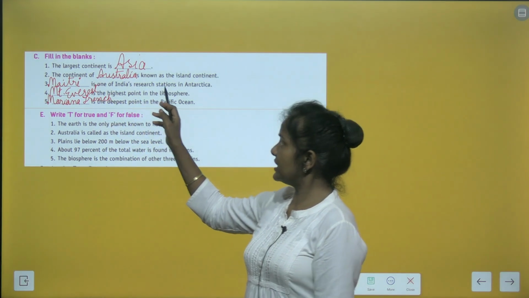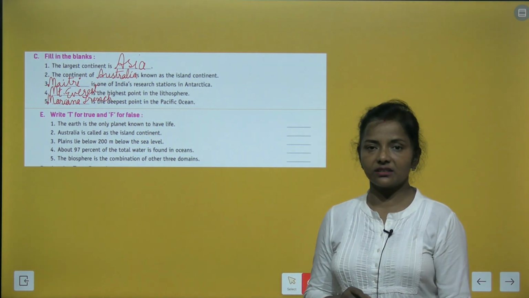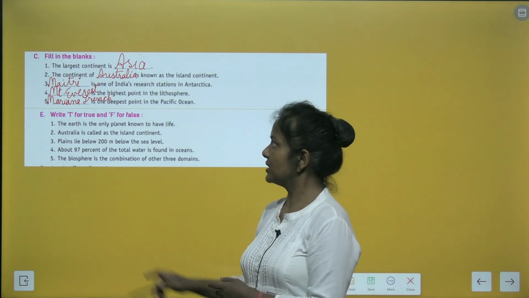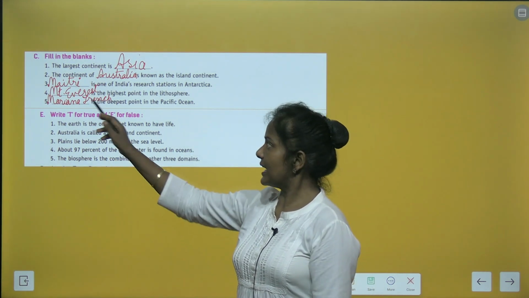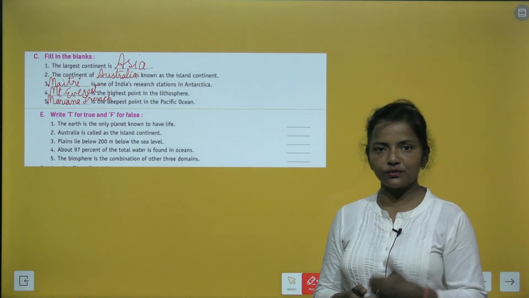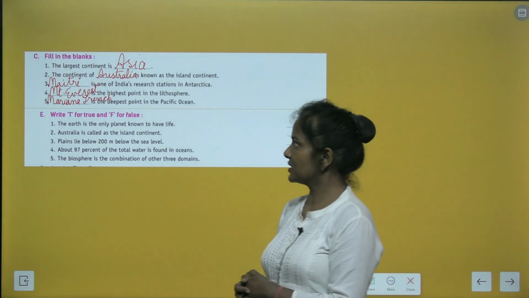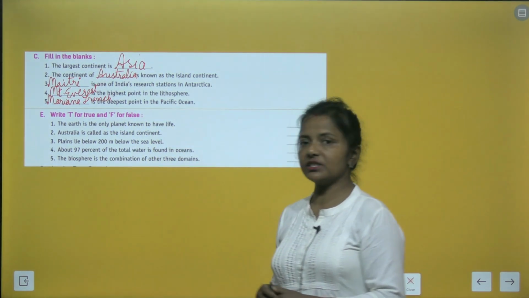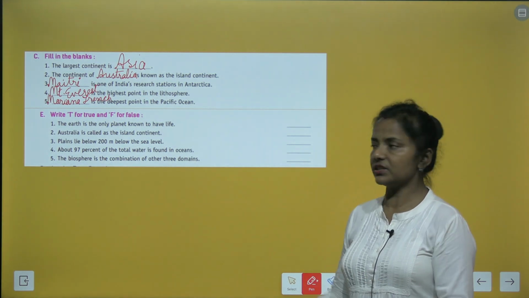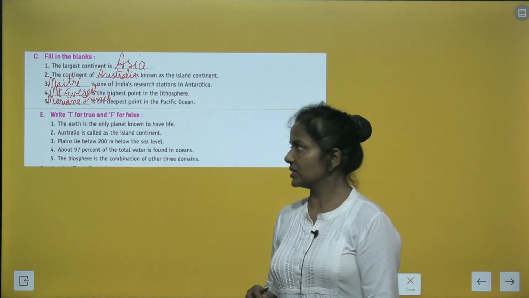Dash is one of India's research stations in Antarctica. Maitri is one of India's research stations in Antarctica. Dash is the highest point in the lithosphere. कौन सा highest point lithosphere में? The Mount Everest. Dash is the deepest point in the Pacific Ocean. The Mariana Trench is the deepest point in the Pacific Ocean.